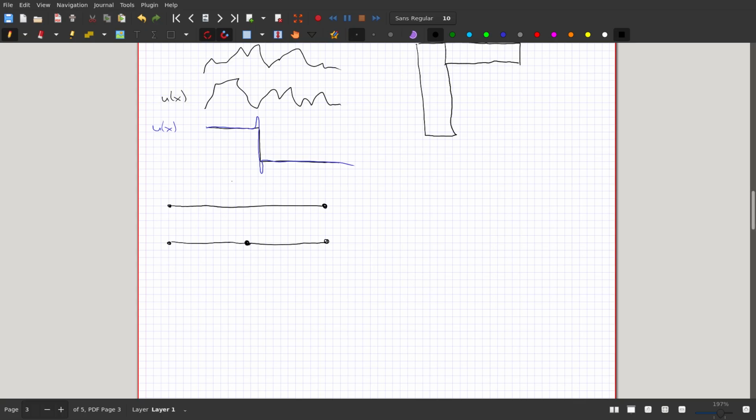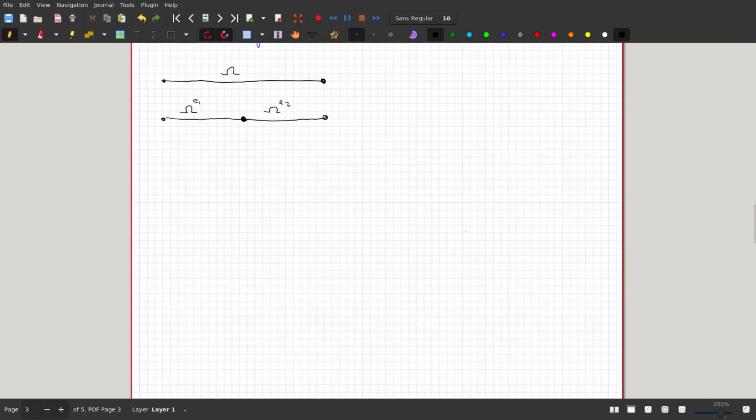So this is the global domain. Then this is the domain of element 1, and this is the domain of element 2. And I'm going to number my nodes. These are now nodes that separate the elements. So this will be 0, this will be 1, and this will be 2.